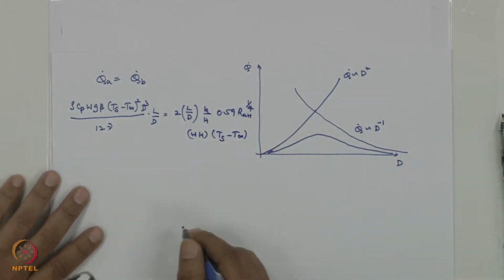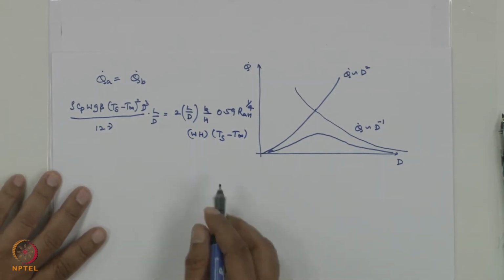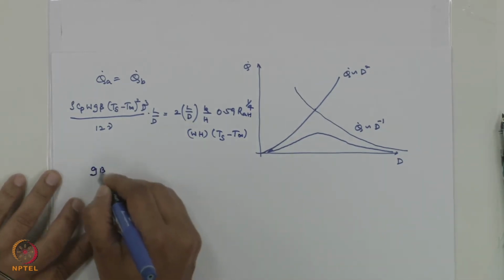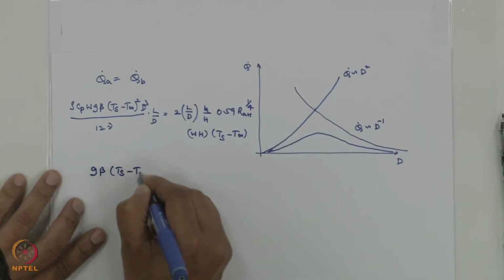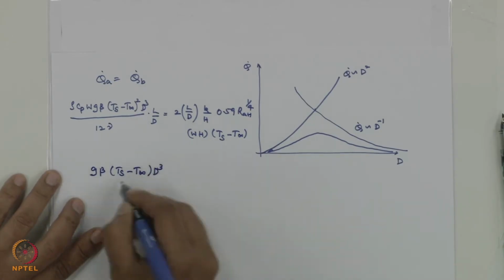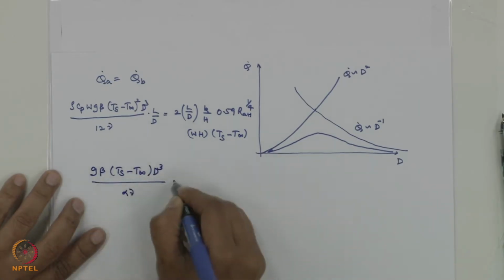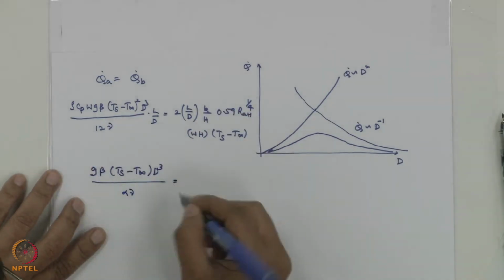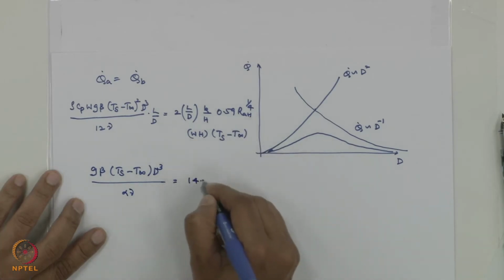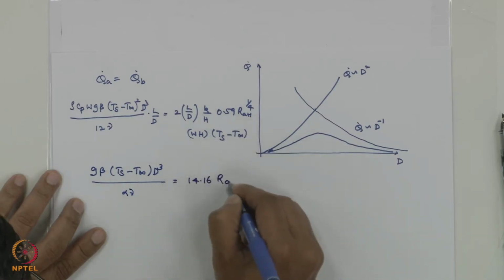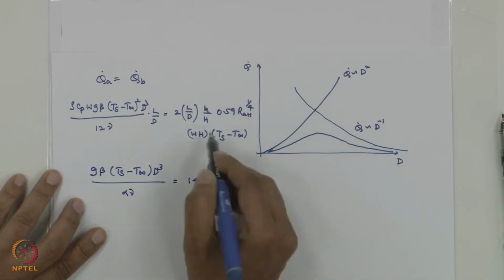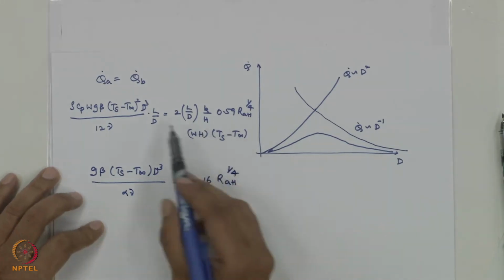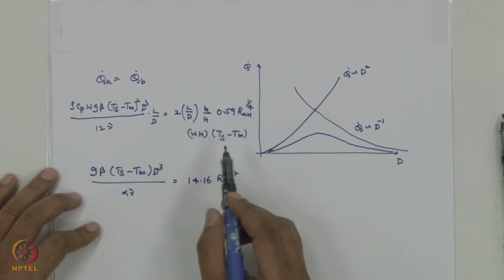So you get g beta (Ts minus T infinity) into d cube upon alpha nu is equal to 12. If I push in 0.59, I get 14.16 and Rayleigh number to the power of 1 by 4. Rest all are getting cancelled out, W by H, L by D, Ts minus T infinity.